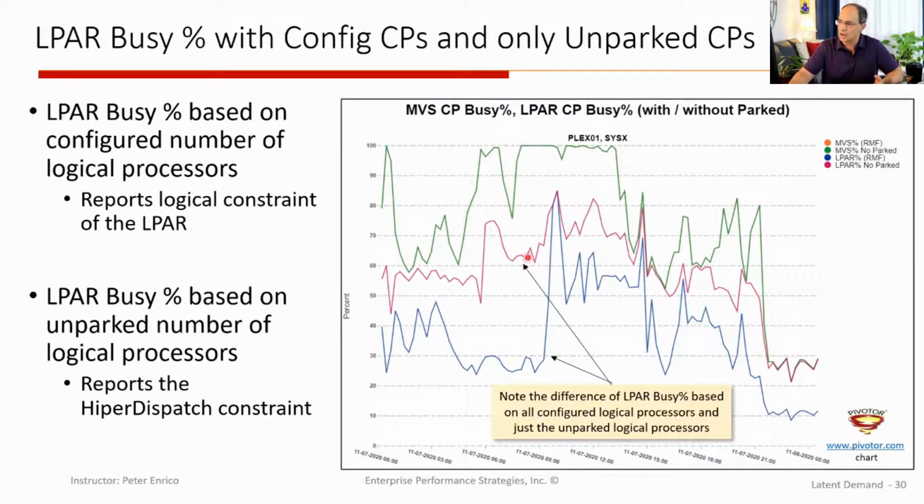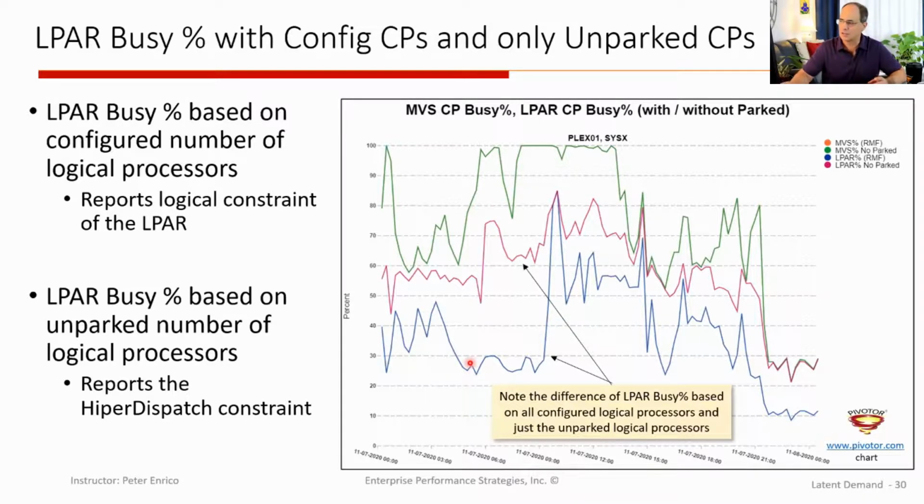This middle line is my LPAR utilization of just unparked logical processors. Now, the reason I mention this is that if I'm looking at latent demand, the true latent demand that I'm probably interested in is the delta between these two lines, because that's something that is happening at this moment. If I want to look at latent demand based on the configuration, I would have to base it on this bottom line here.